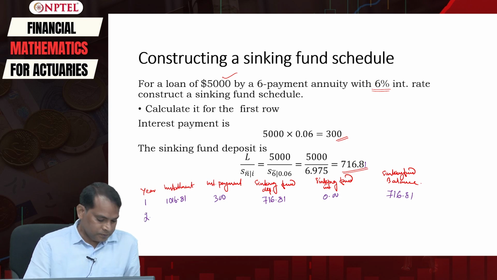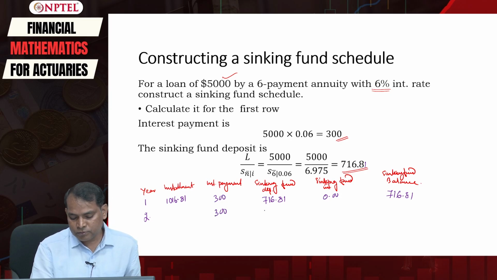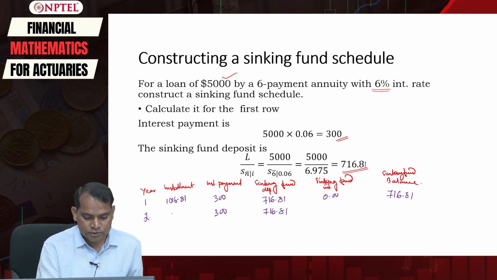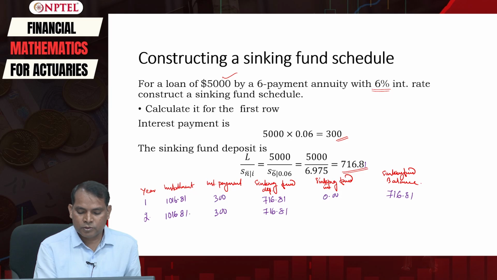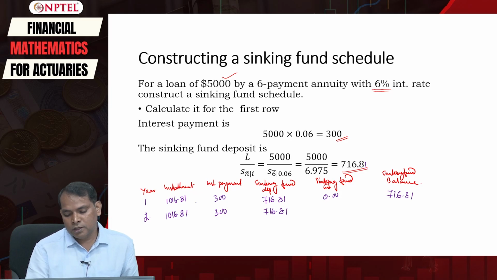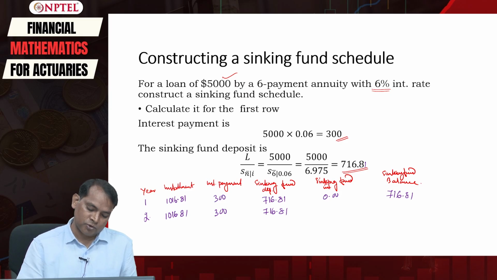For the second period, you can simply see the interest payment will be the same, and the sinking fund deposit also will be the same, so the installment also will be the same. This plus this will become 1016.81. This is the same installment that you were making in the loan amortization. So now we are just understanding the sinking fund method as compared to the loan amortization method.